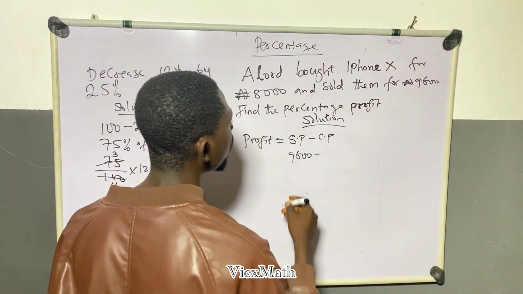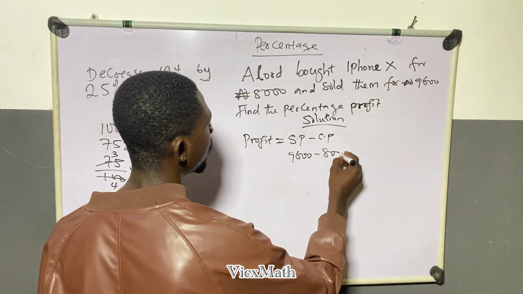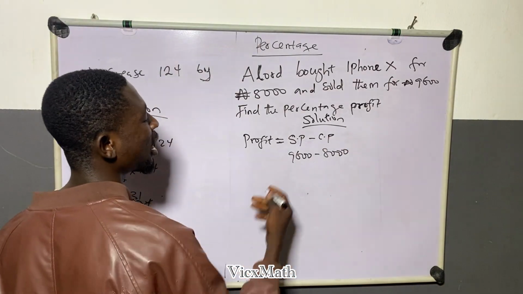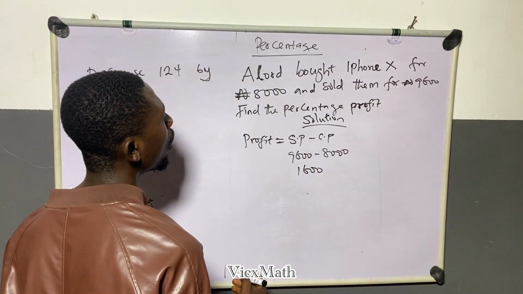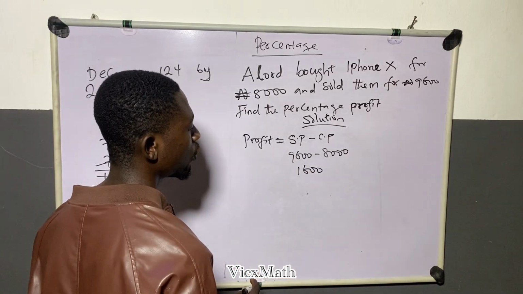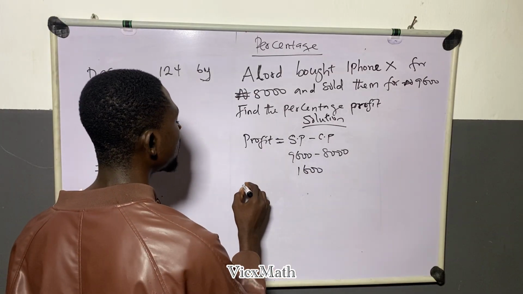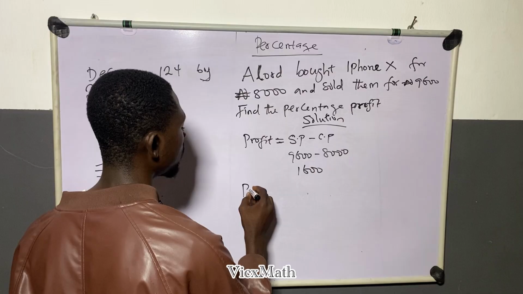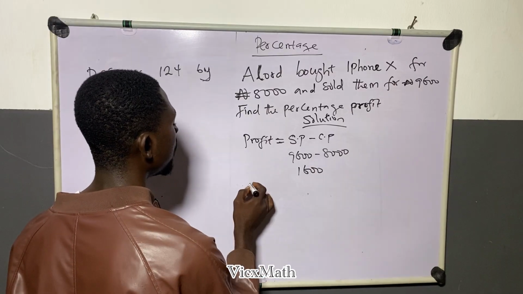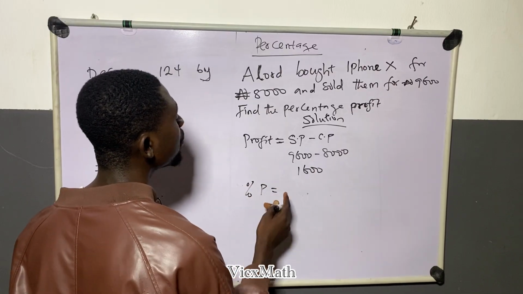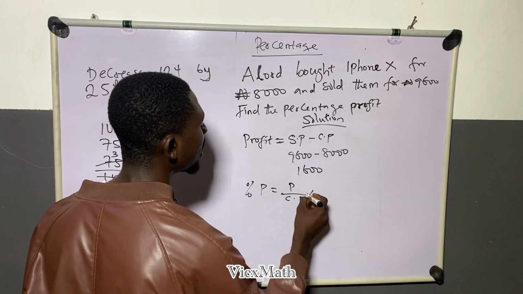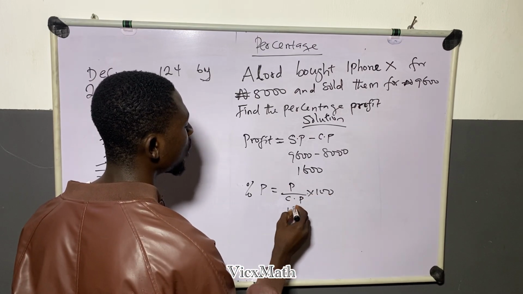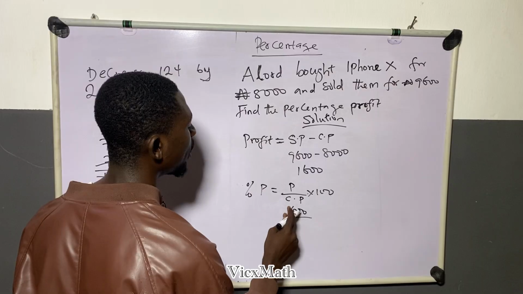Back to the question. So here we have 9,600 minus 8,000. If you subtract it, the profit of A-Lord is 1,600. So now if they ask you to find percentage gain or percentage profit, percentage profit will give us the profit all over cost price times 100, which will give us 1,600 all over cost price.